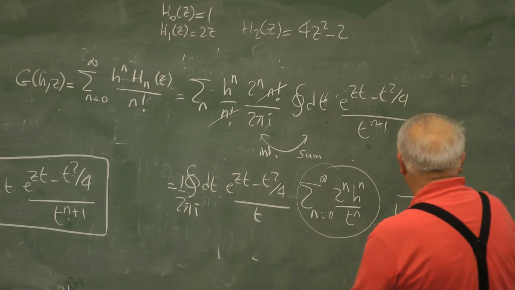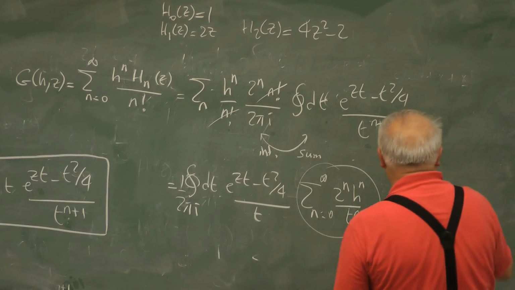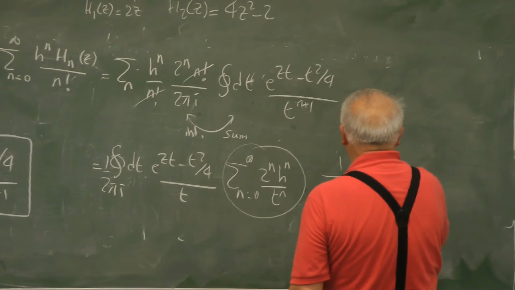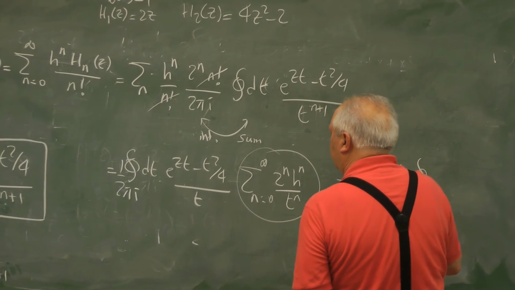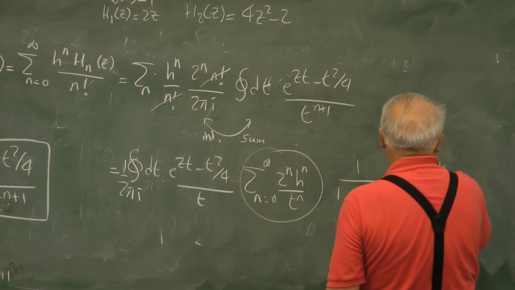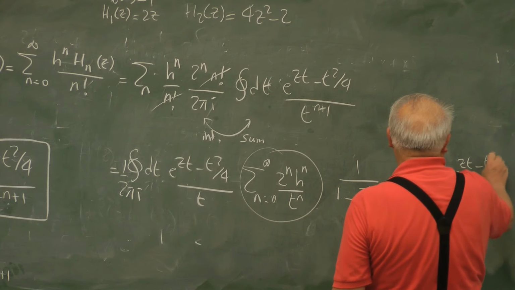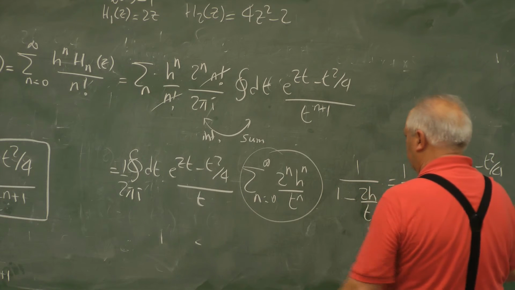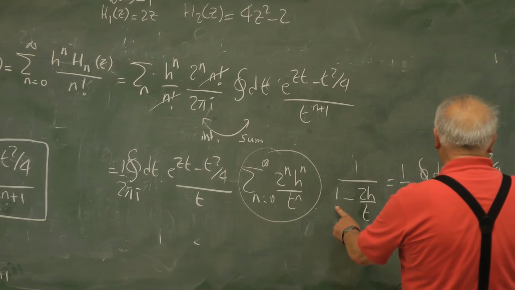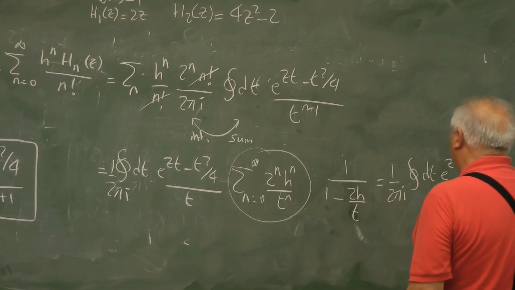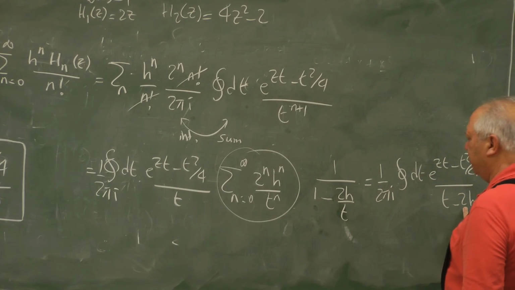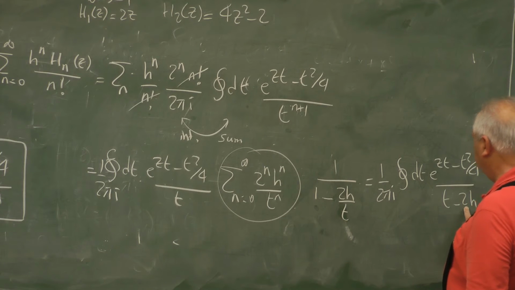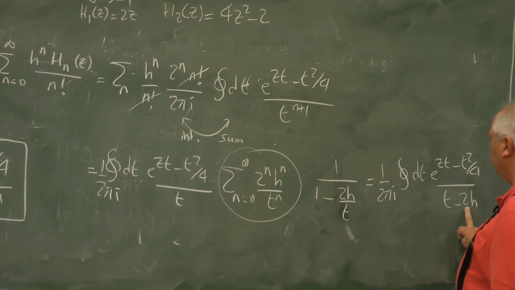So when you multiply it by t, this becomes 1 over 2 pi i, integral dt, e to the zt minus t squared over 4, over t minus 2h. So the pole after the summation is at t equals 2h.